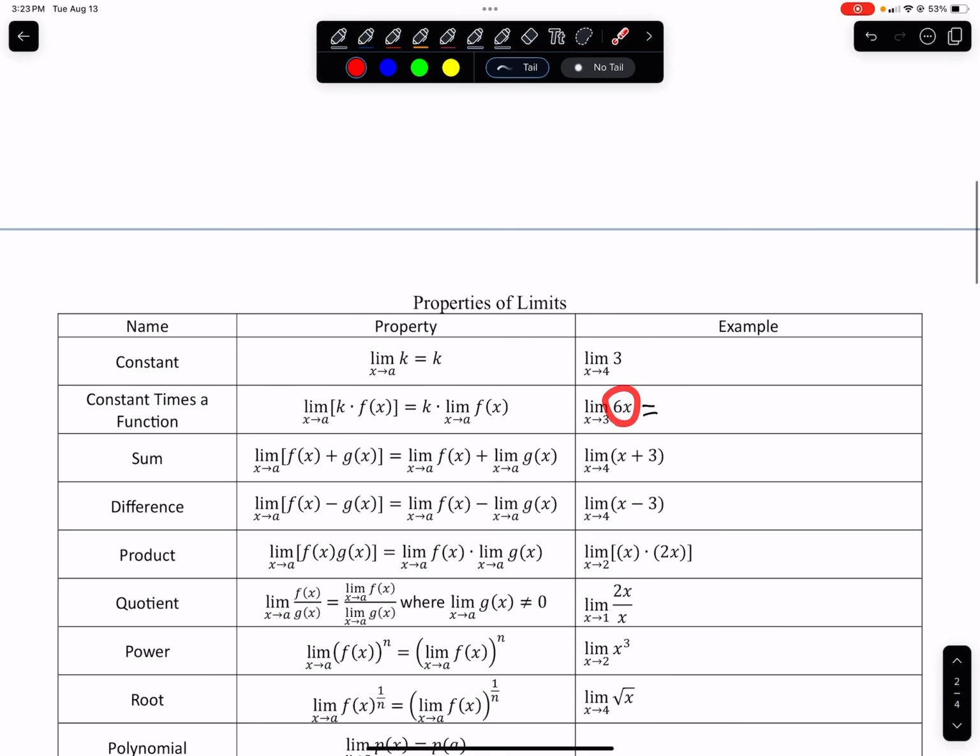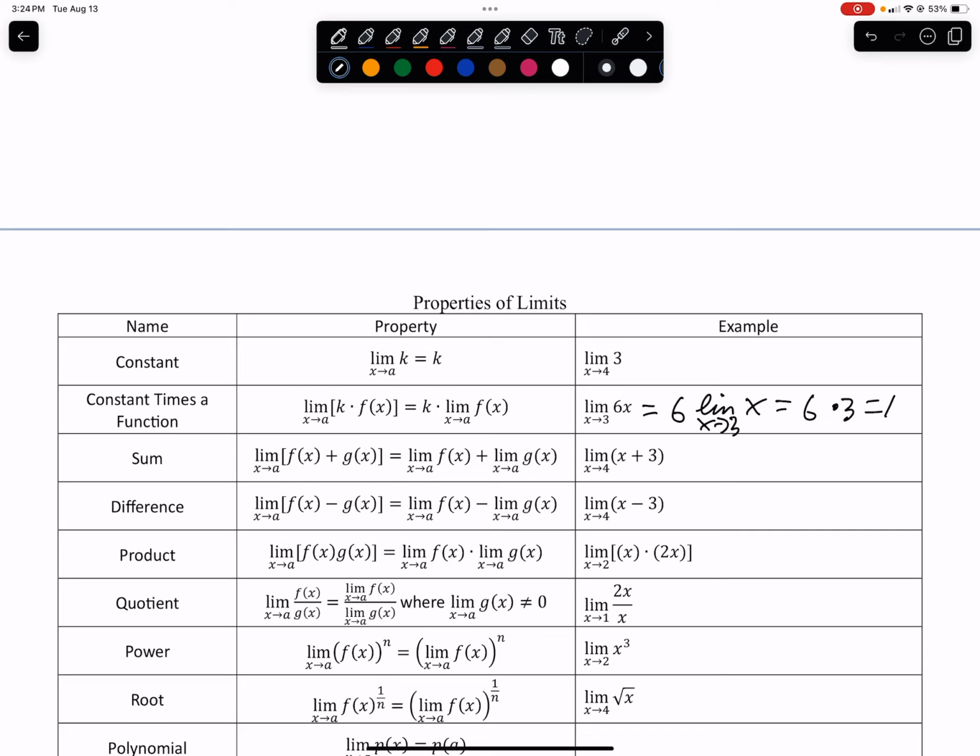There's your function. And I say, gee, I wish that 6 wasn't there. Well, you have a rule that allows you to move the 6 out in front and take the limit of what's left. And if you do that, 6 stays. This limit, by the rule we learned earlier, is just 3. So the answer is 18.